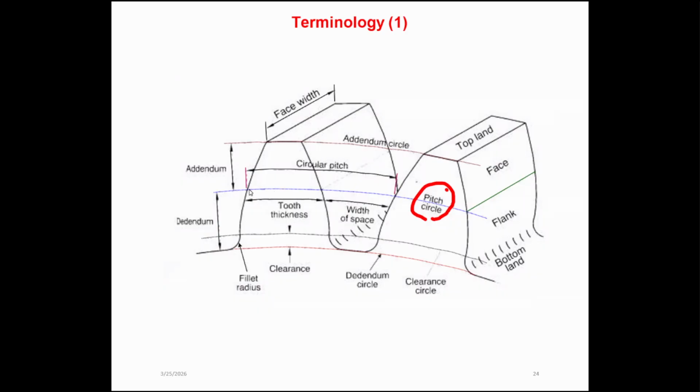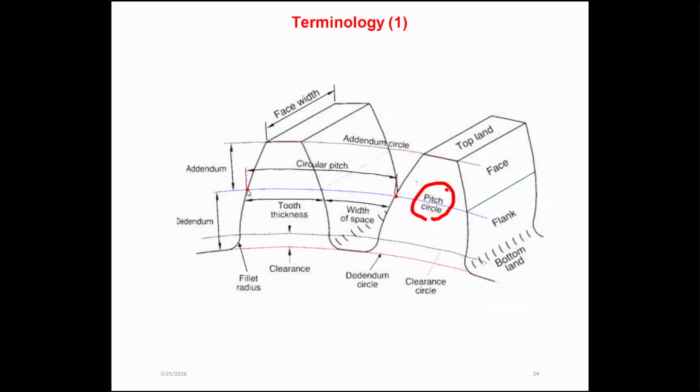If you measure the distance along the pitch circle from one point to the other corresponding point in the next tooth, it is called circular pitch.